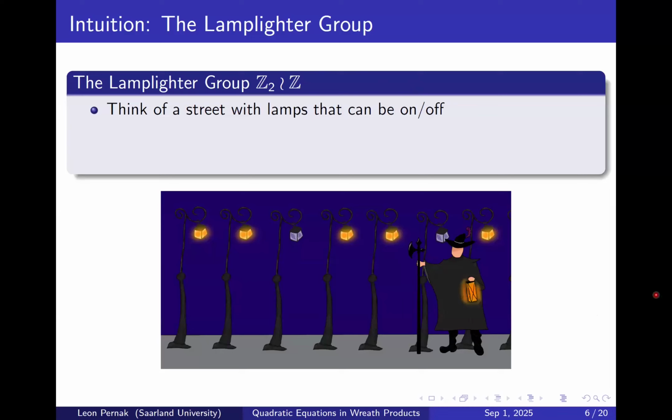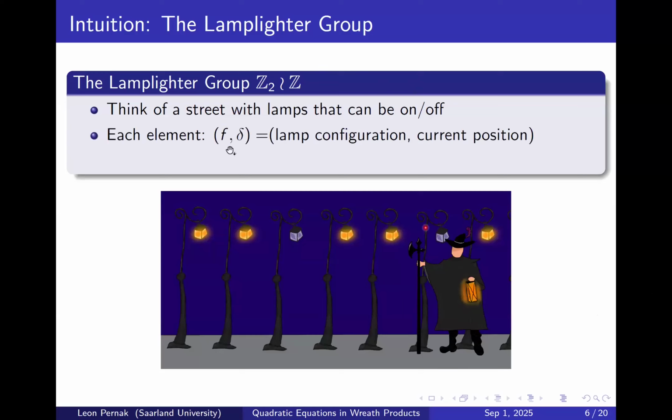And lamps can be turned on and off. And we have a lamplighter, who now stands there at a specific position over Z. Then each element in the wreath product should be thought of as a polynomial or a configuration of the street, F, and a position of the lamplighter where he currently stands.